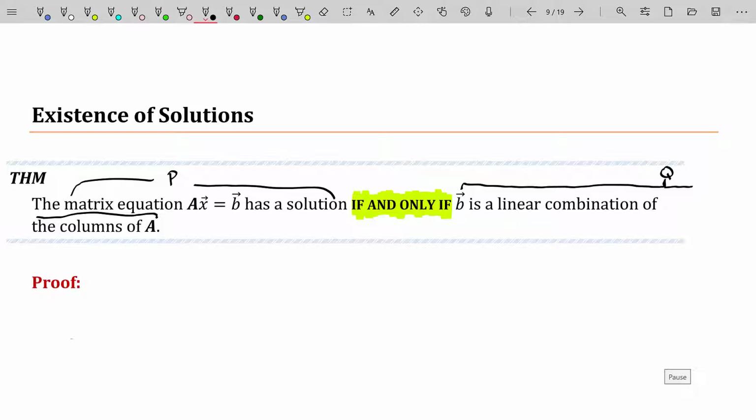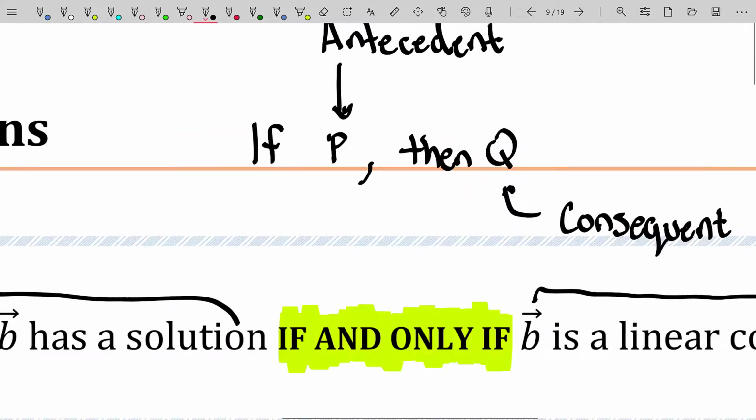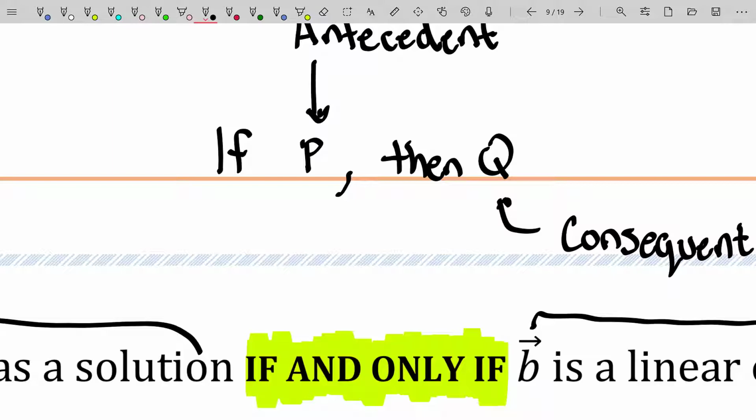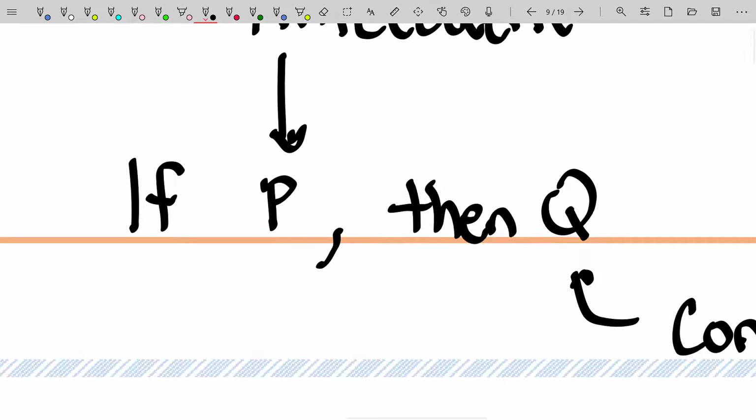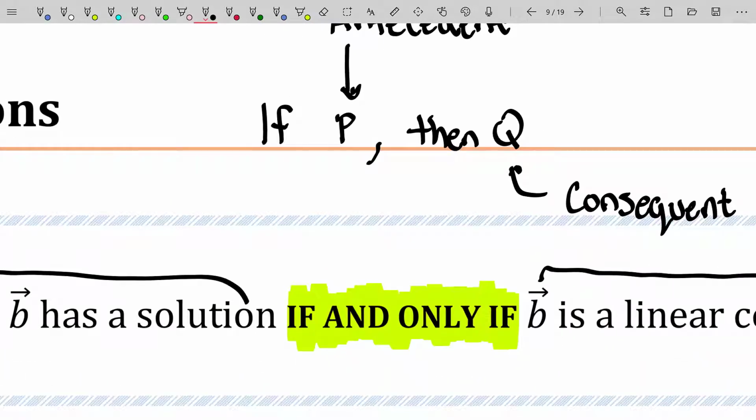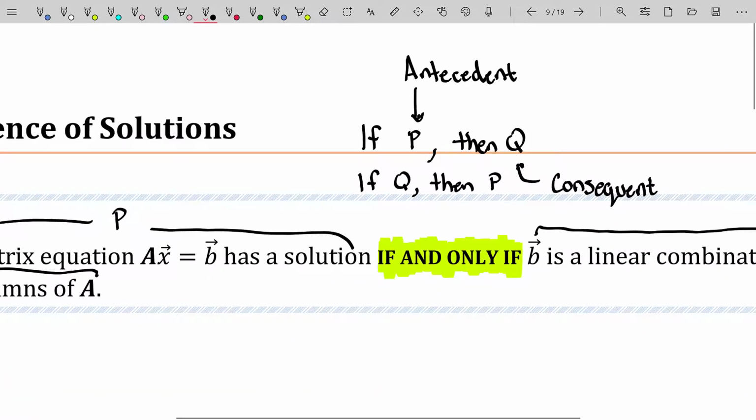So in an if-then statement, if P is true, then Q is true, P is called the antecedent and Q is called the consequent. However, with an if and only if, this claim goes both directions. That is, it goes this direction, if P then Q, but it also goes the other direction, if Q then P. So Q is simultaneously the consequent and the antecedent.